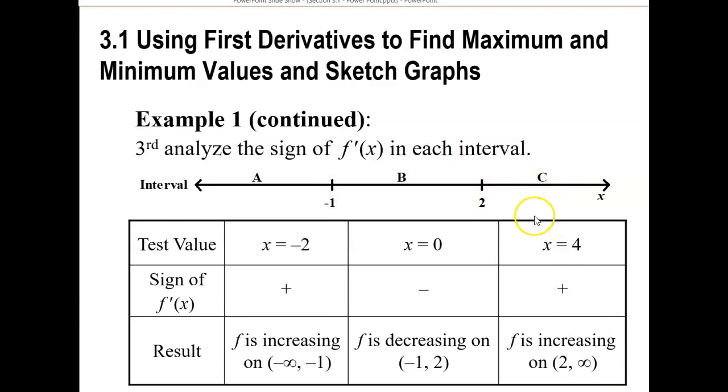And then in the third interval, we got positive for the derivative, meaning that the function is increasing from 2 to infinity. So if I was graphing without having drawn it to start, you would move up until you got to -1 as an x value, then it would go down until you got to +2 as an x, and then up again.